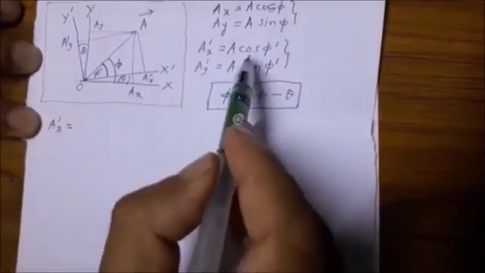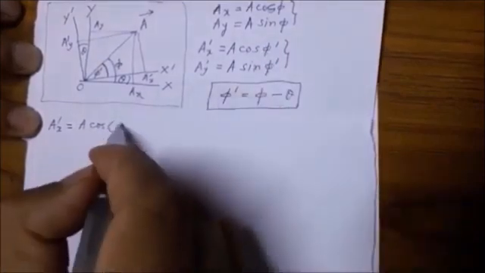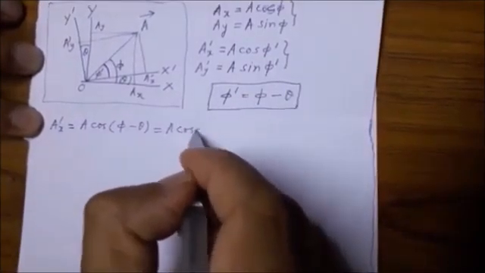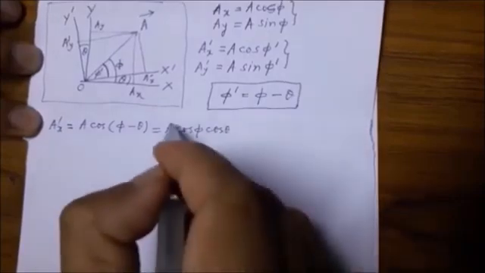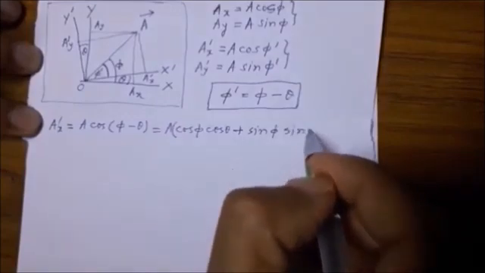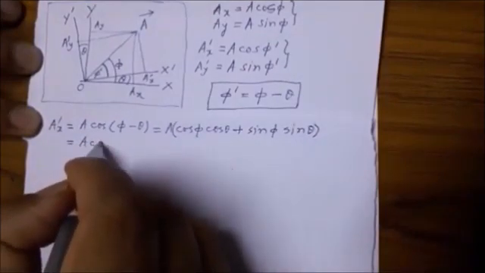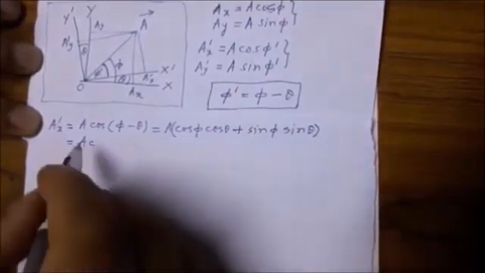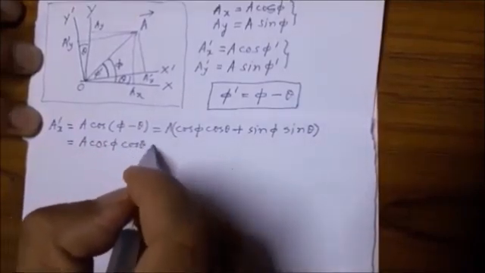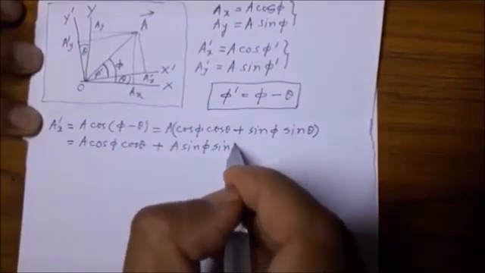ax prime, which is a cos phi prime. We can write it as a cos of, instead of phi prime we will write phi minus theta, and it can be opened up, so it is a cos phi cos theta plus sin phi sin theta. So we can do away with the first bracket, and we will have then a cos phi cos theta plus a sin phi sin theta.